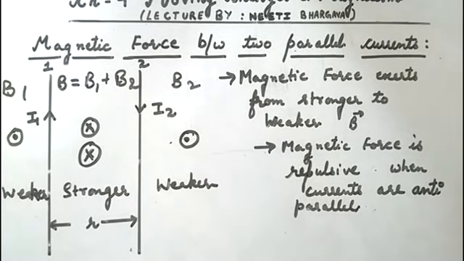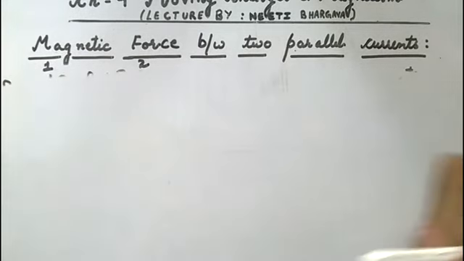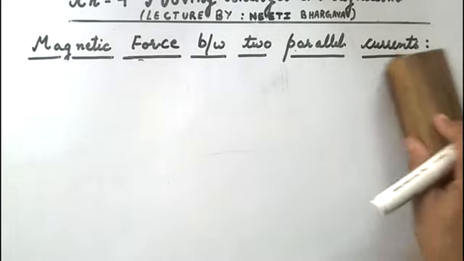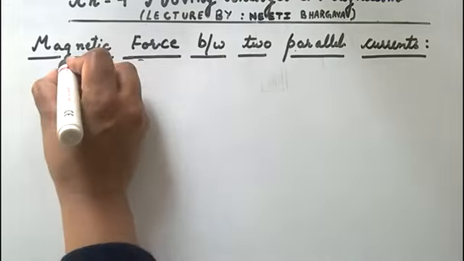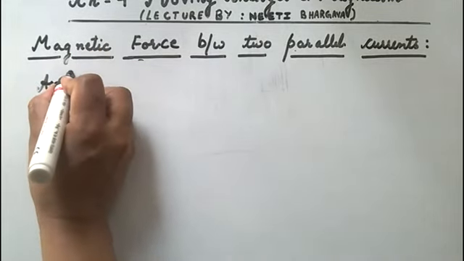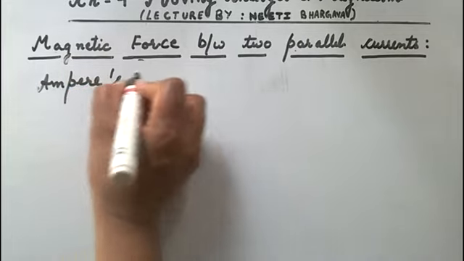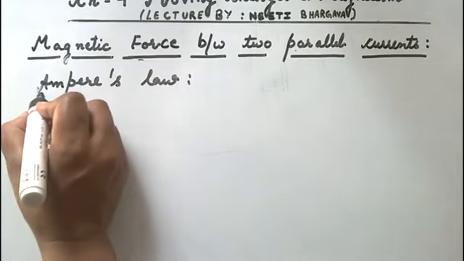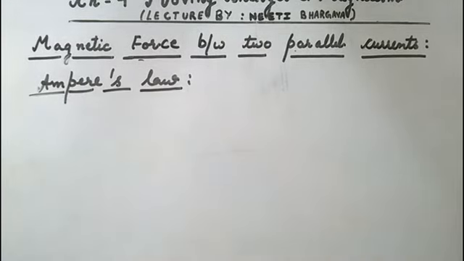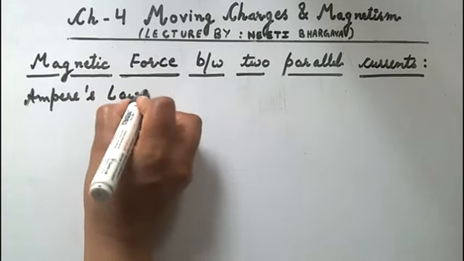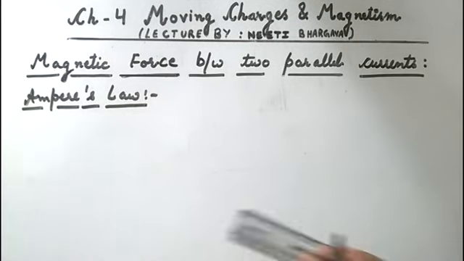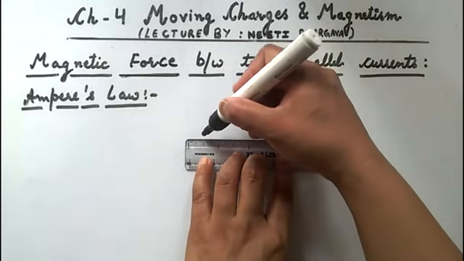Now let's study about Ampere's law. Ampere gave the value of magnetic force experienced by a conducting wire when placed in an external uniform magnetic field.